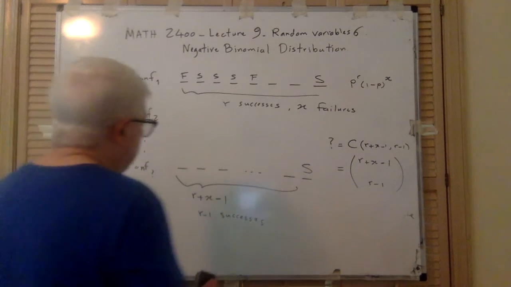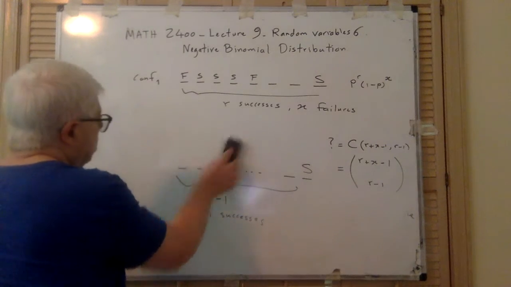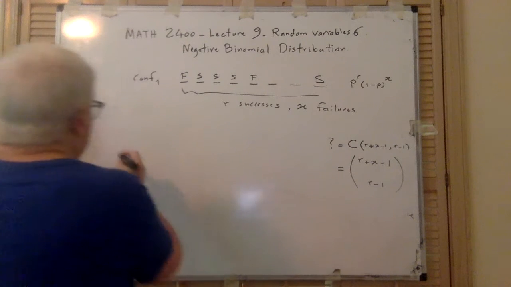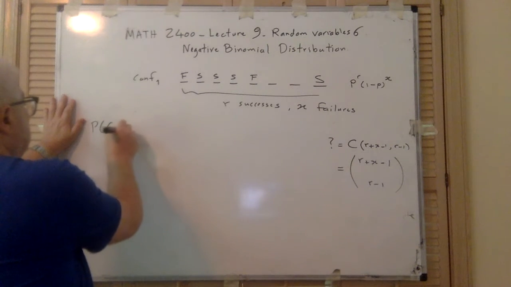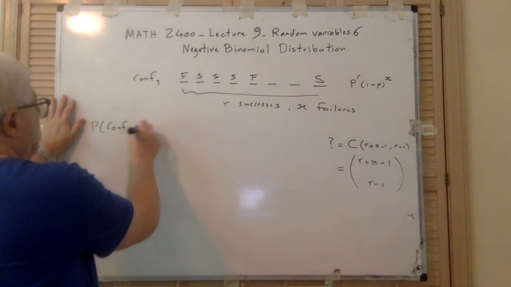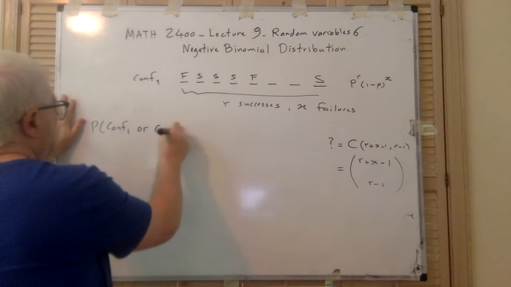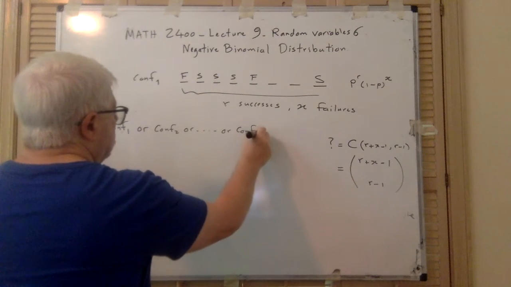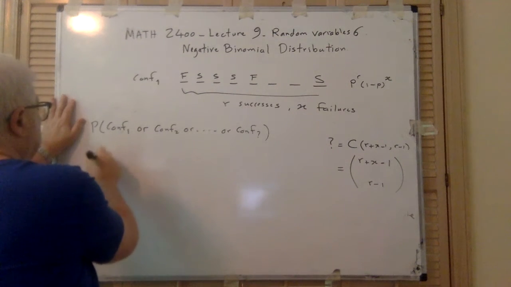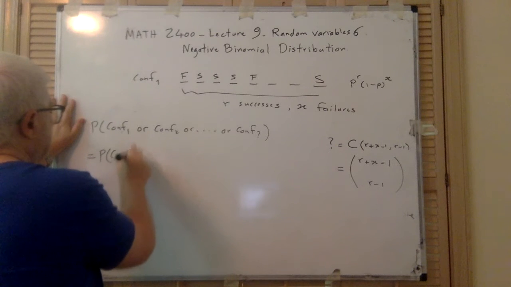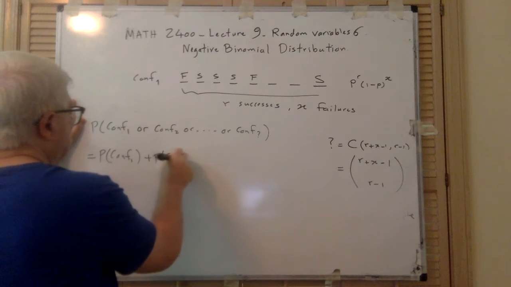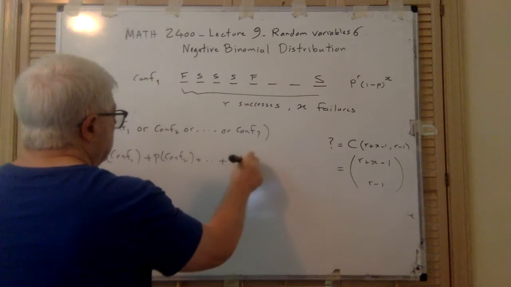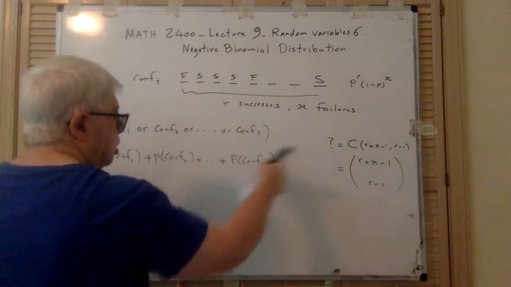So let me erase this and write it here. I need the probability that configuration 1 happens, or configuration 2 happens, or the configuration question mark happens. And they're mutually exclusive, so that's probability of configuration 1 plus probability of configuration 2 plus up to probability of configuration question mark, and that's the number.